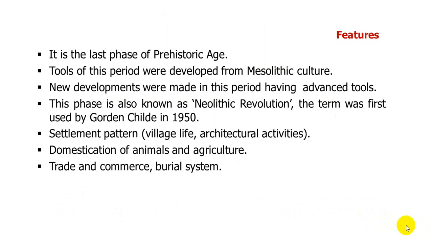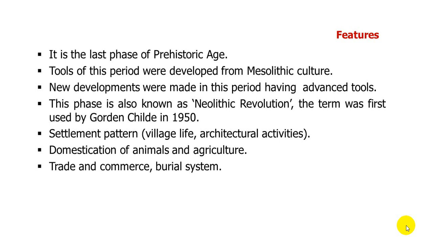Features of the Neolithic period: it is the last phase of the prehistoric age, and tools of this period were developed from the Mesolithic culture. New developments were made in this period, with advanced tools. This phase is also known as the Neolithic Revolution, and the term was first used by Gordon Childe in 1950.